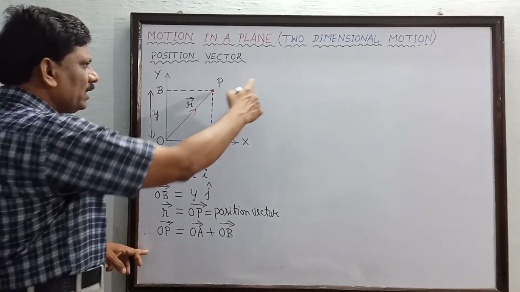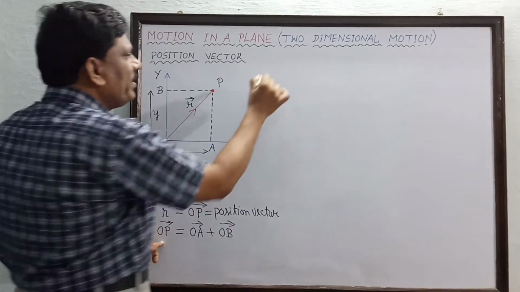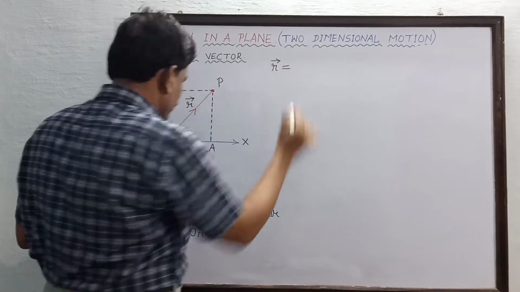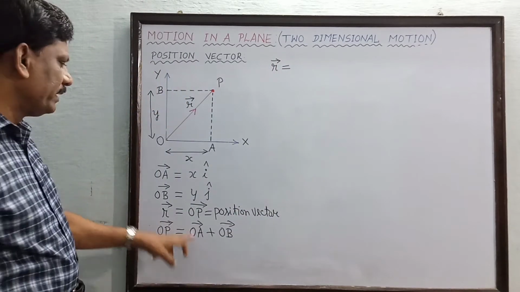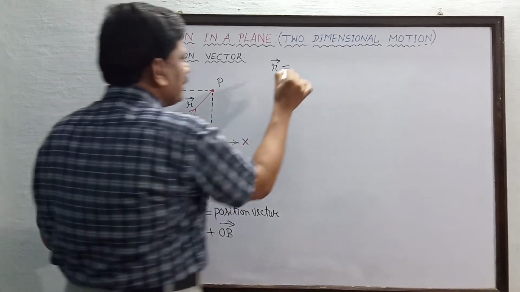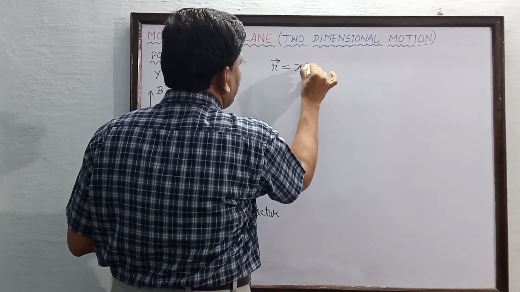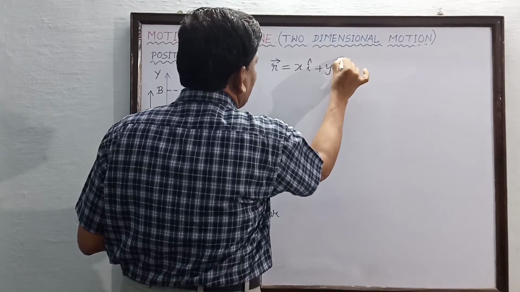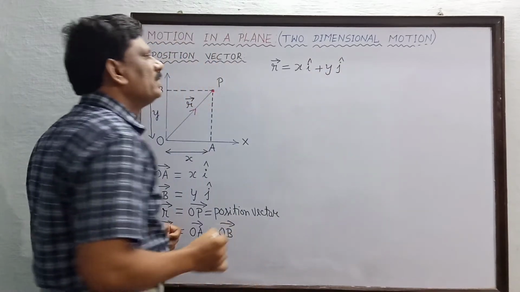So I am going to rewrite here. Instead of OP vector, I am going to write vector R. And instead of OA vector, I am going to write x i cap, so x times i cap plus y times j cap.